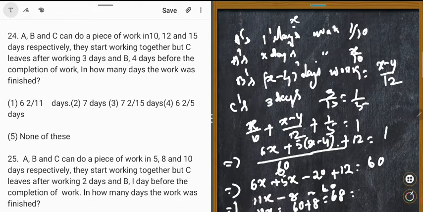That means X is equal to 68 upon 11, which is 6, with remainder 2 not divisible, so 2 upon 11. The answer is 6 2 upon 11 days.